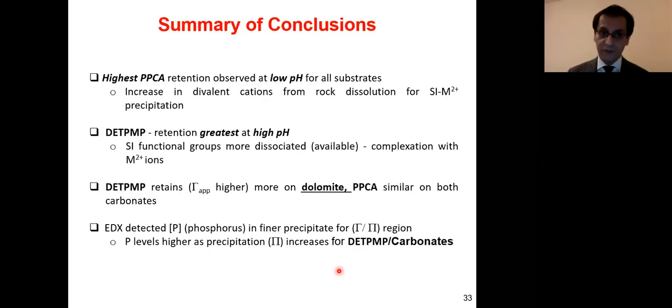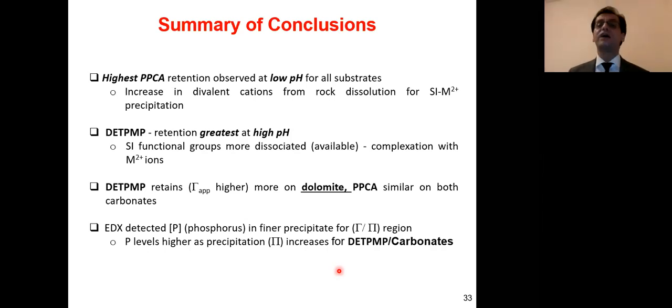So as a summary of conclusions, the highest PPCA retention is observed at low pH for all substrates due to the increase in divalent cations from rock dissolution for scale inhibitor complexation with divalent cations, and DETPMP retention is greatest at high pH, as scale inhibitor functional groups are more dissociated and more available for complexation with divalent cations.